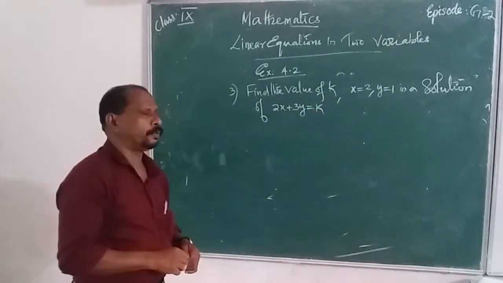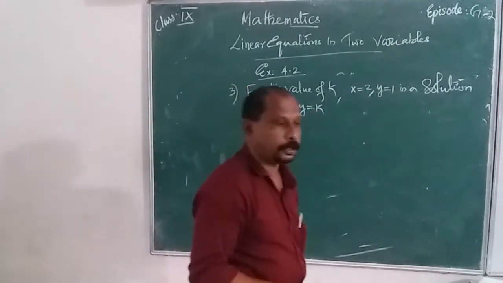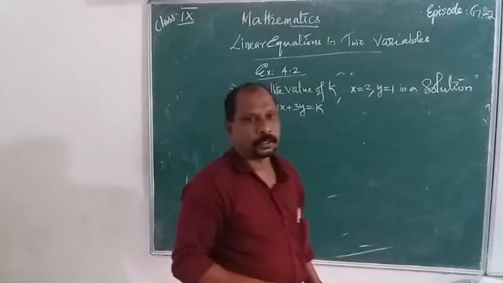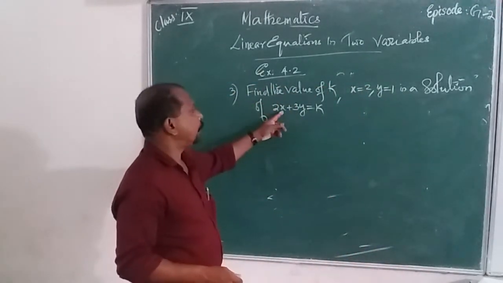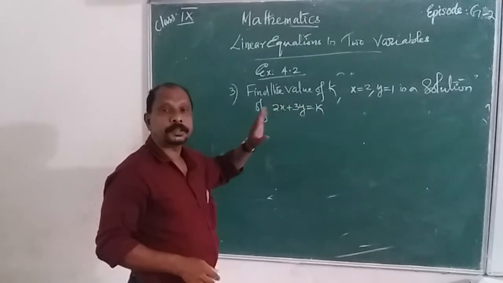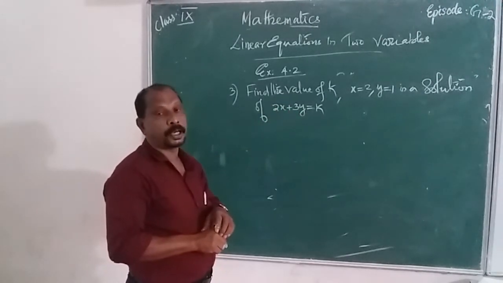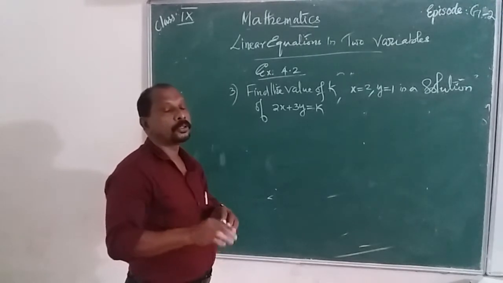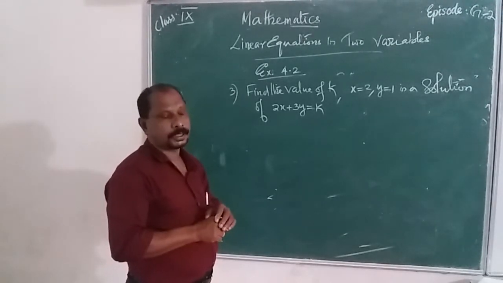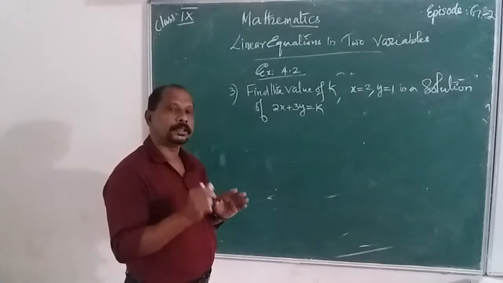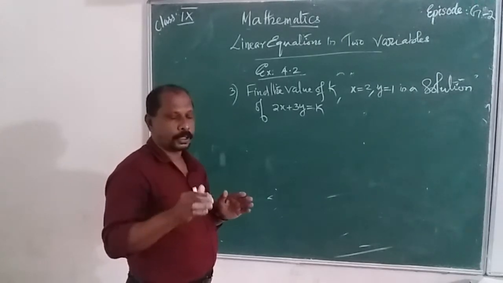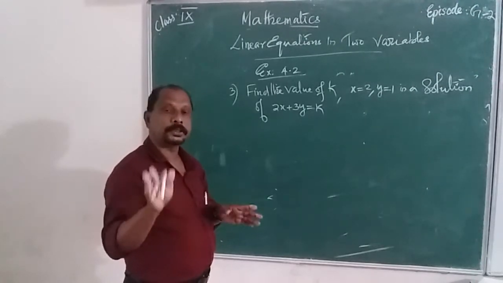x is equal to 2, y is equal to 1 means that is the ordered pair (2, 1). It is a point on the line, which means it satisfies the equation.